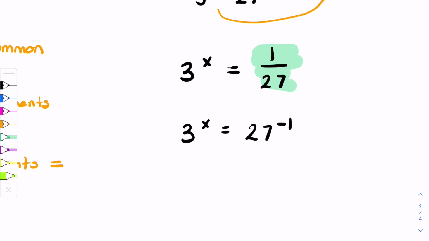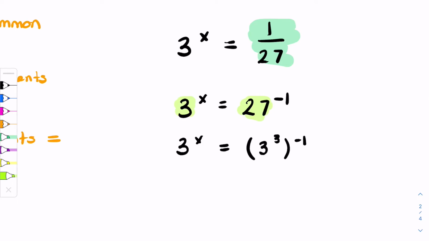Now that we got to this point, we can convert to common bases. We cannot break 3 to the power of x down any further, but we can break down 27. This equals 3 cubed raised to the power of negative 1. If you have a power of a power, you multiply the exponents together. 3 to the power of x is equal to 3 raised to the power of negative 3.